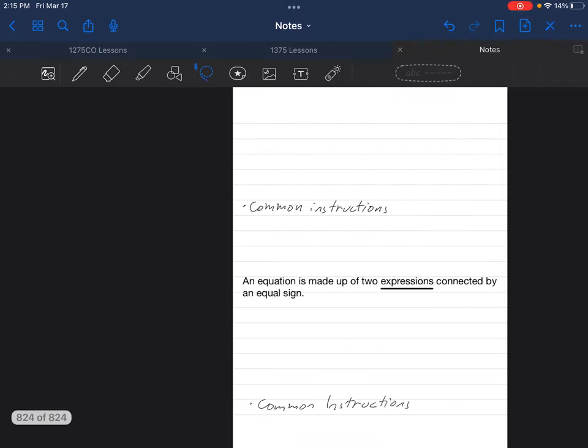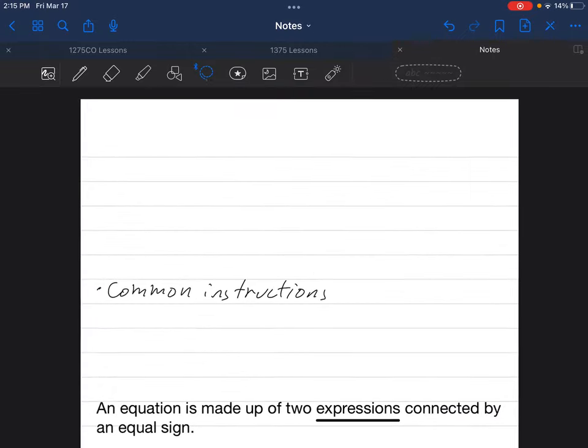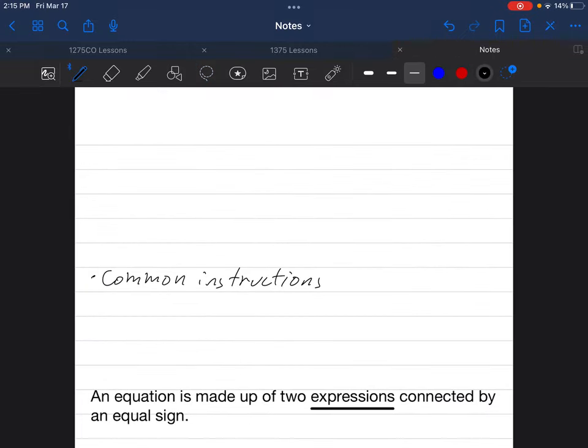So the last thing I want to discuss today is an expression.